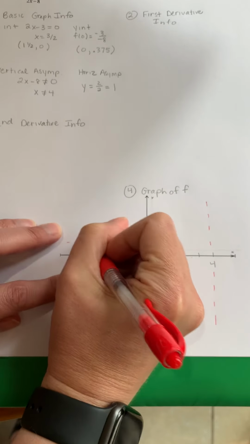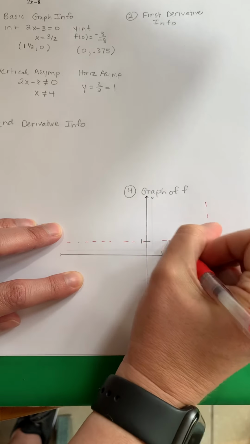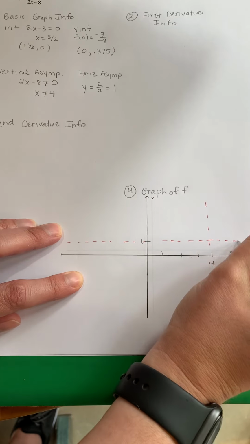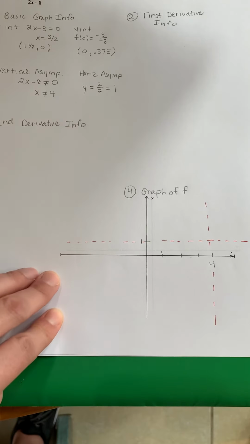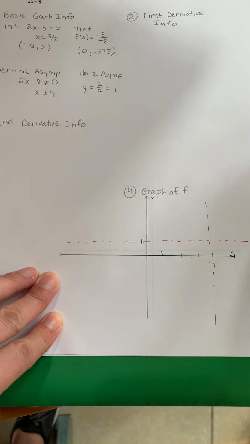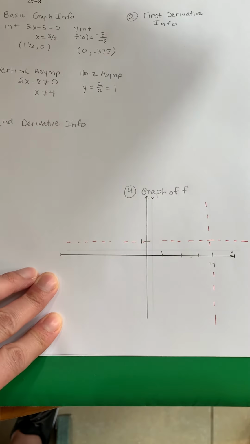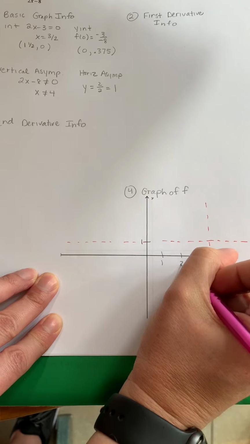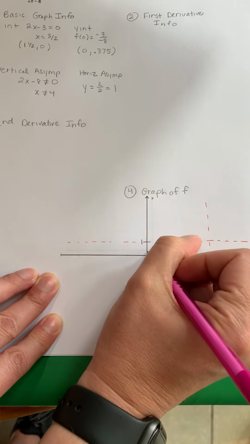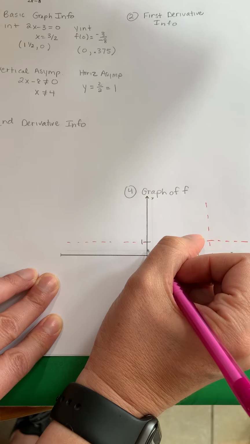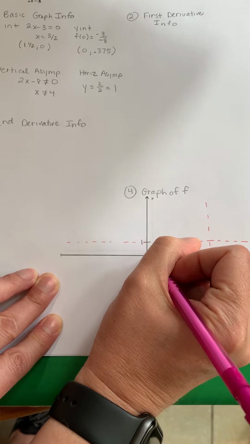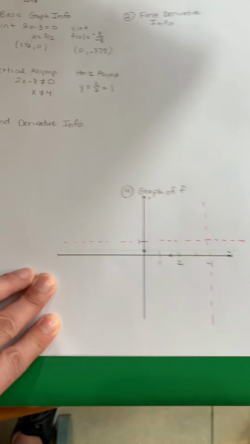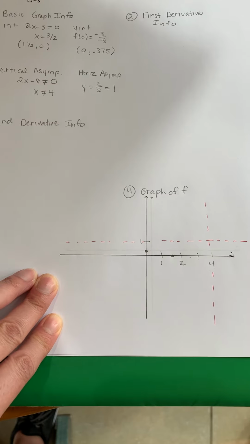And then y equals 1 over here is going to be my horizontal asymptote, which I can cross through if need be. Also, we had that our x-intercept was at 1 1/2, so that's about right there. And our y-intercept was 3/8, so we'll make that pretty darn close to the origin right there.